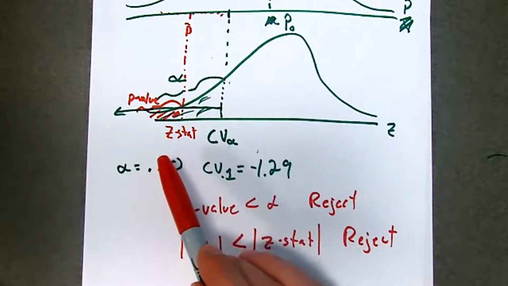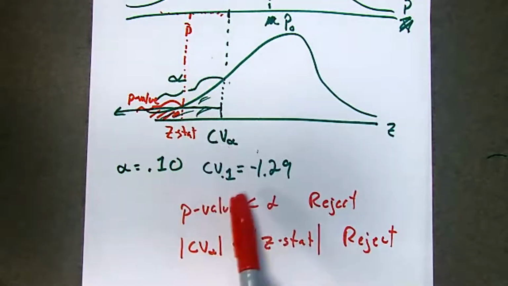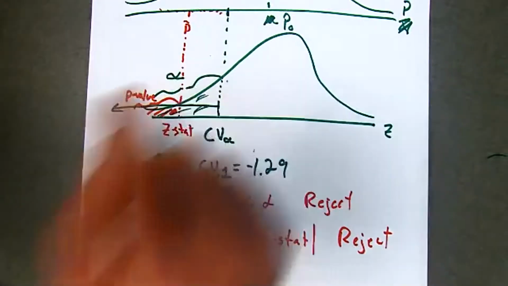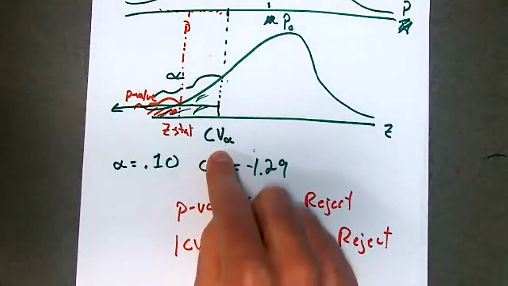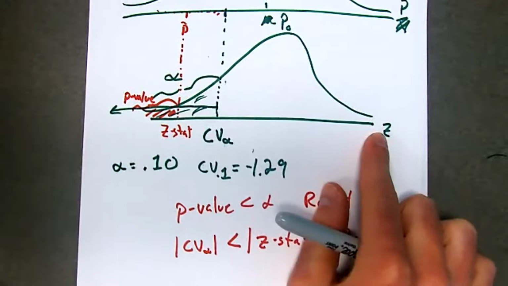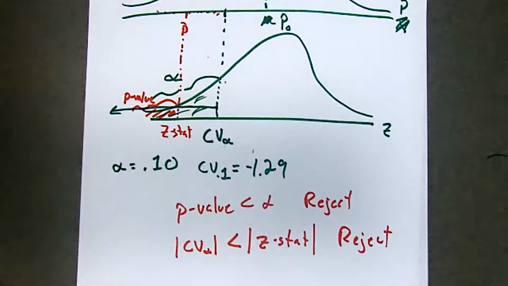The Z statistic, my test statistic, tells me the number of standard deviations below I am. So if I see anything more than 1.29 standard deviations away, I can reject it. Instead of setting my threshold probability, I'm setting my threshold number of standard deviations away, which are really the same thing. If I know one, I automatically know the other because I have that standard normal distribution table. It's just going about it a little differently.